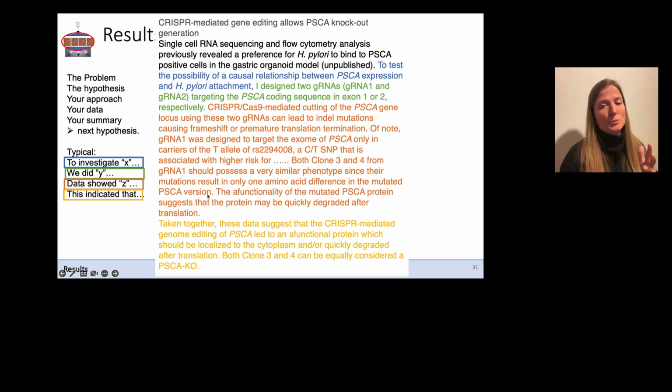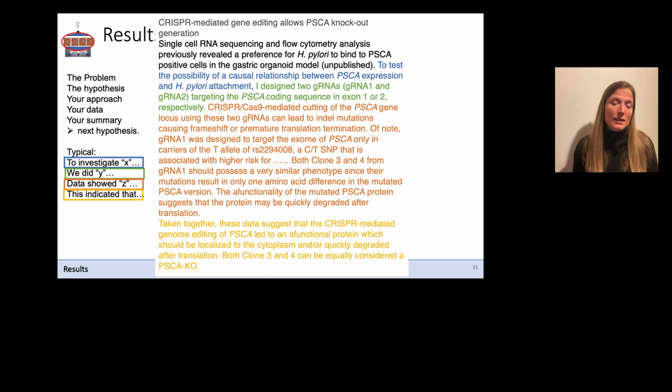This was a long description of the data that I shortened a bit, just to show you that below this comes: taken together, this data suggests that this CRISPR-mediated genome editing of PSCA led to a nonfunctional protein which should be localized to the cytoplasm and/or quickly degraded after translation. Both clone 3 and 4 can be equally considered a PSCA knockout.